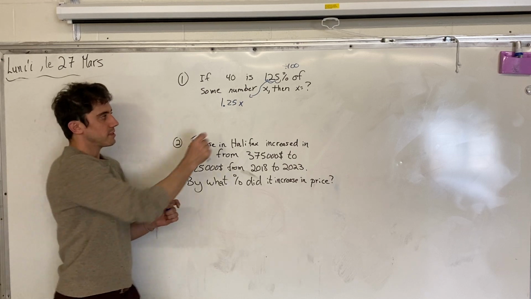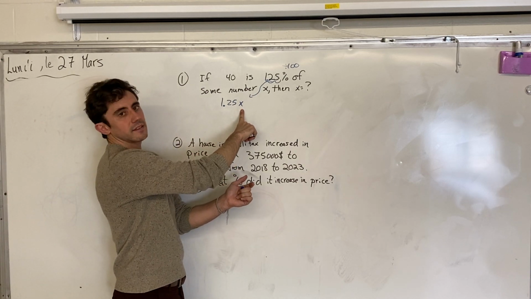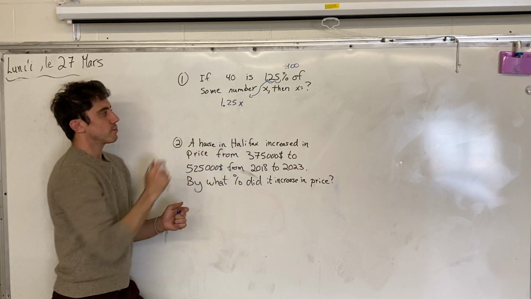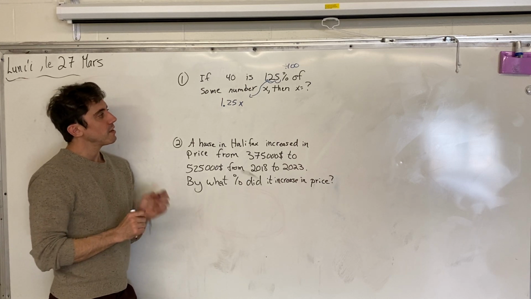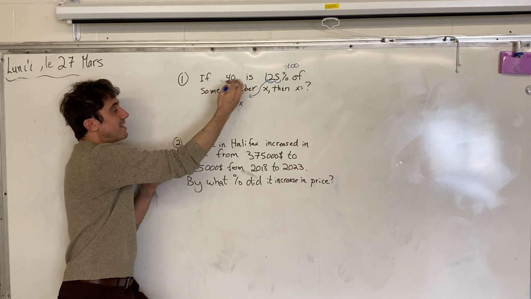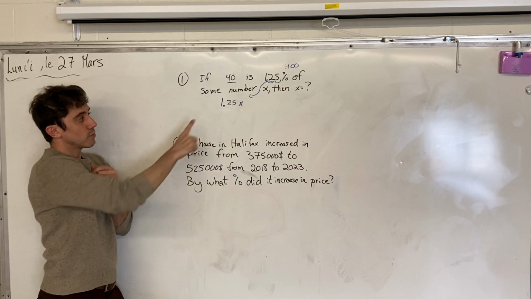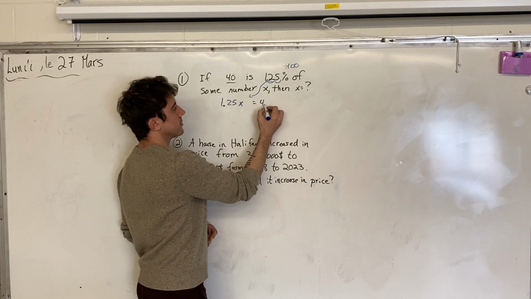We exclude the multiplication symbol because it looks a lot like the x that acts as our variable, and to avoid confusion, we simply use 1.25x, implied multiplication. Now, we're told that 40 is this 125% of some number x, and that means that 1.25 times x is equal to 40.